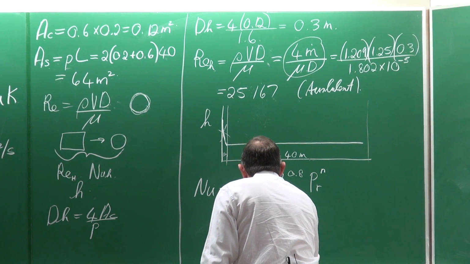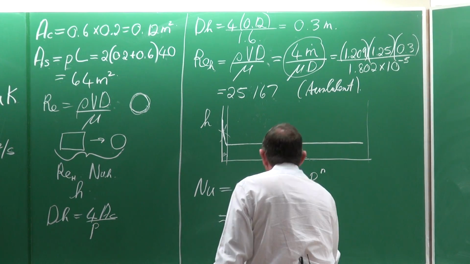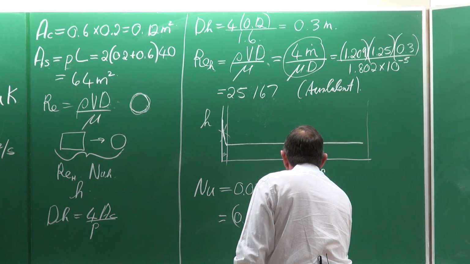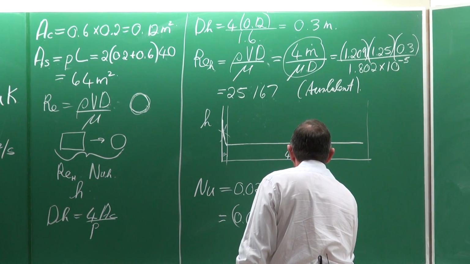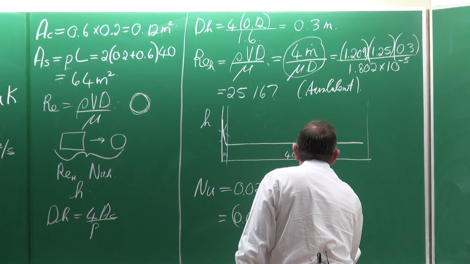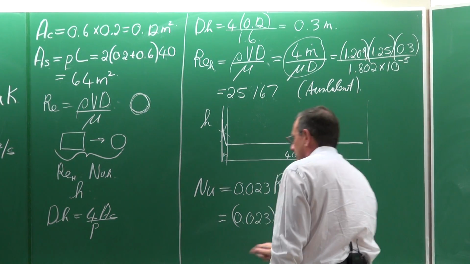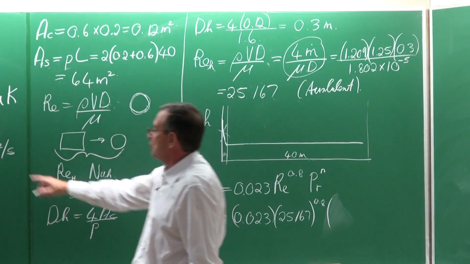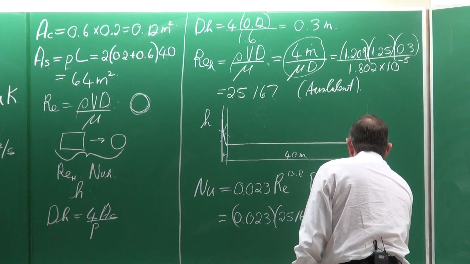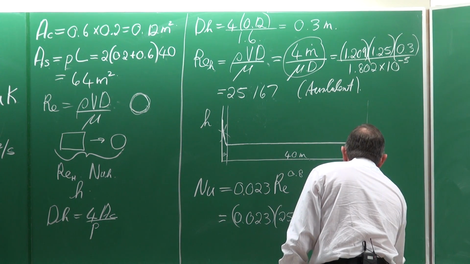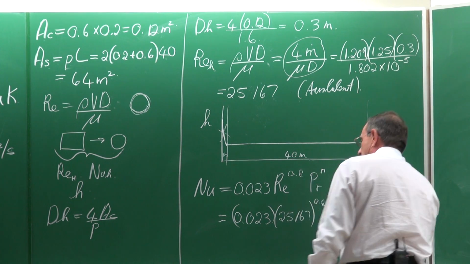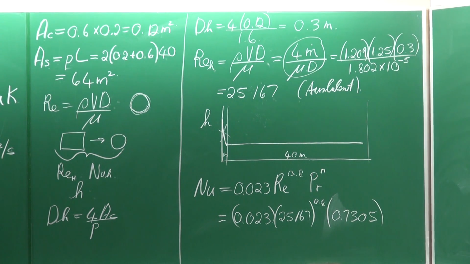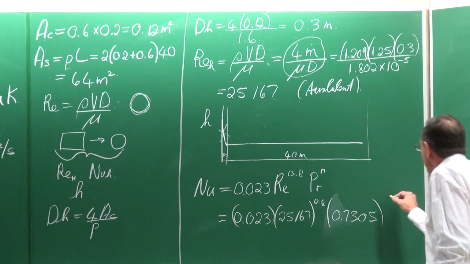So that is equal to 0.023. The Reynolds number we've determined as 25,167 to the 0.8. Prandtl, we've got it there from the properties, is equal to 0.7305. And for that, we use a value of n equal to 0.4.